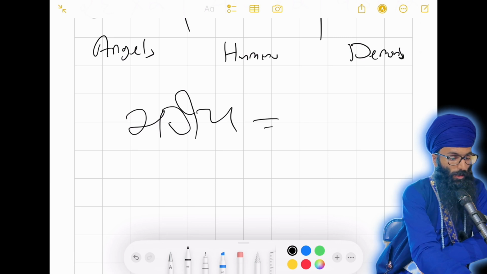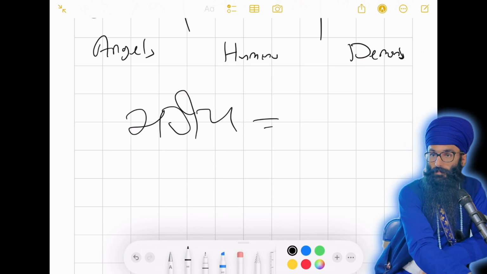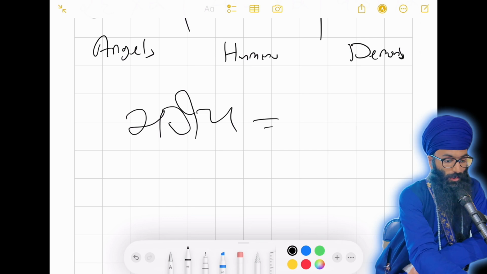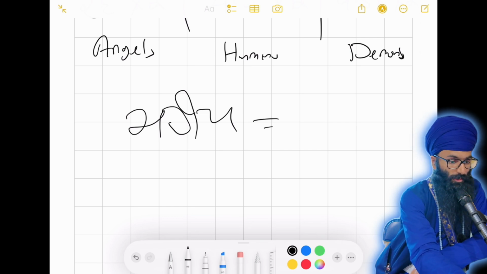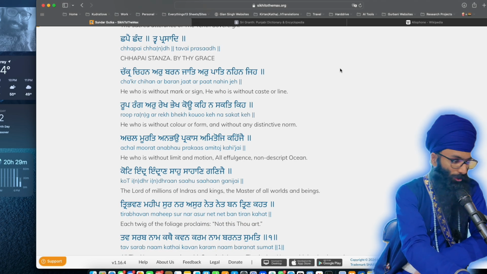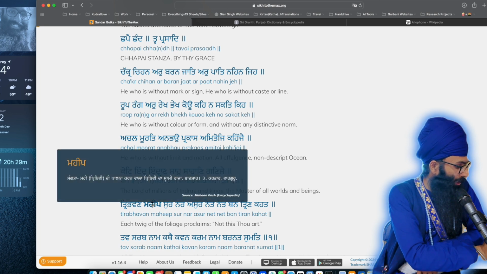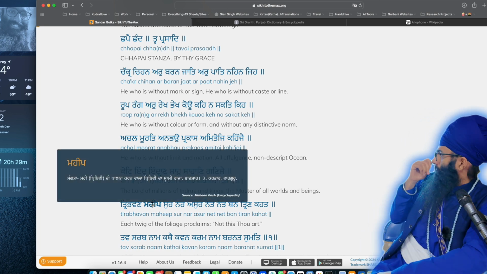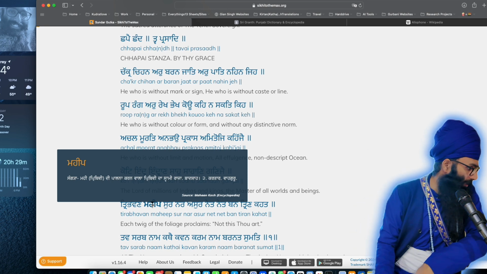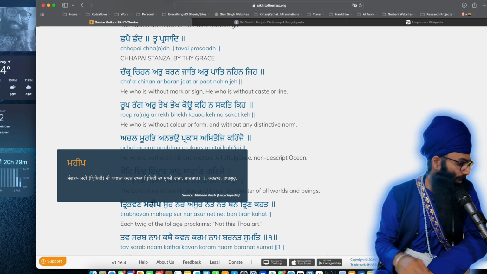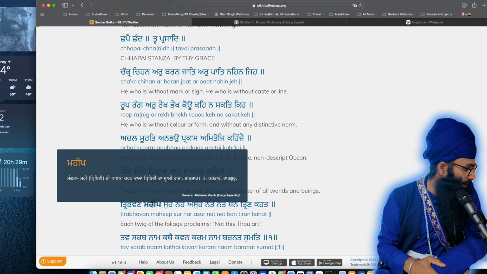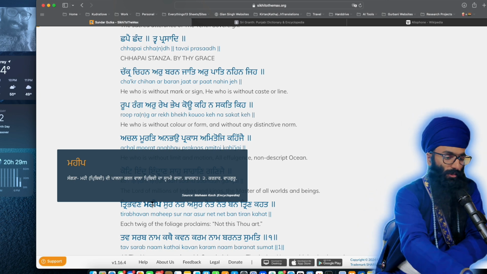Maheep. All right. What do you guys think Maheep means? It means king. But before I tell you what it means, how about we use the resource that I was showing you guys yesterday. Remember, if you go on top of it, it'll tell you what it means. Maheep, it says here, Mahi means Prithvi, the Palan Vala, Prithvi the Swami, Raja, Badshah. Okay, I'll explain that in a second.